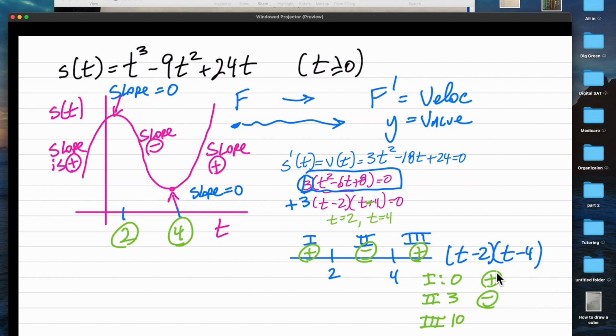So here's what's happening. If the velocity is positive here, which we proved in this area, that means the slope of the graph is positive here. When you hit 2, the velocity is negative. That means the slope on the f graph is negative. When you hit 4, the velocity is positive.